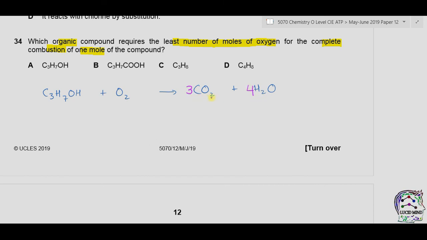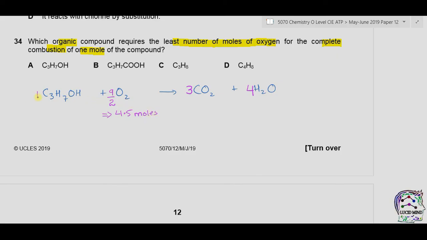Now the number of oxygen atoms in the product is 6 in CO2 and 4 in water, so 4 and 6 becomes 10. While on the reactant side we have 1 oxygen atom in this compound and 9 should be present over here, so we can write 9 by 2. Now 9 by 2 is equal to 4.5 moles.